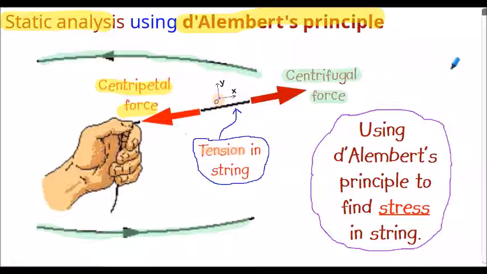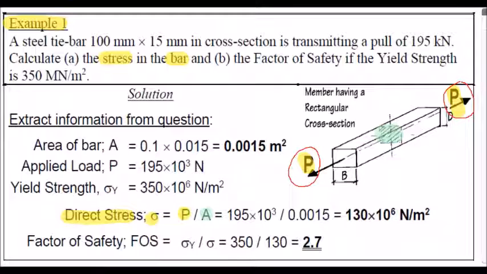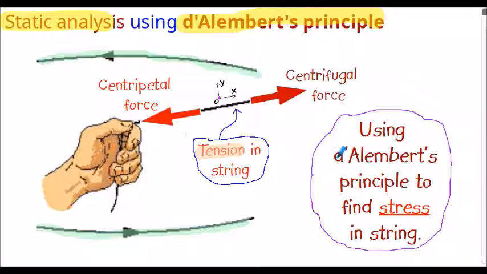It's very similar analysis to the static problem we considered in a previous presentation. So this is an illustration of using D'Alembert's principle to find the tension or the tensile stress in the string, incorporating a centrifugal force and analysing the string statically.